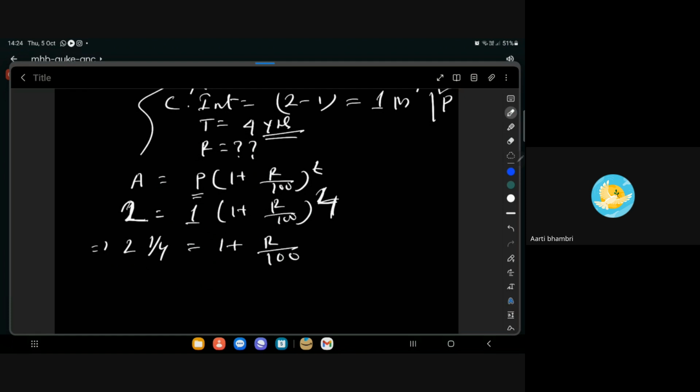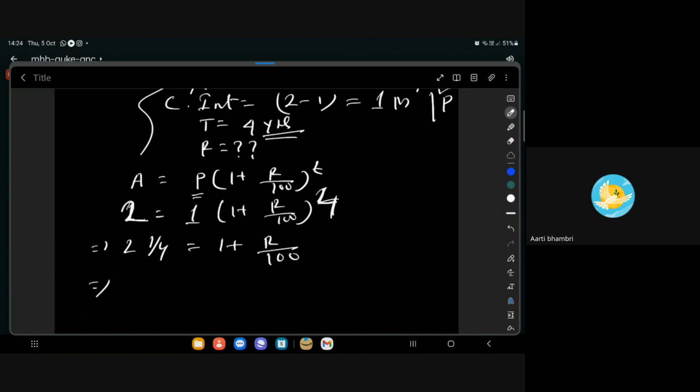This kind of question they will not generally ask, but it was asked somehow in 2020. So 2 to the power 1 by 4, how much will it give you?